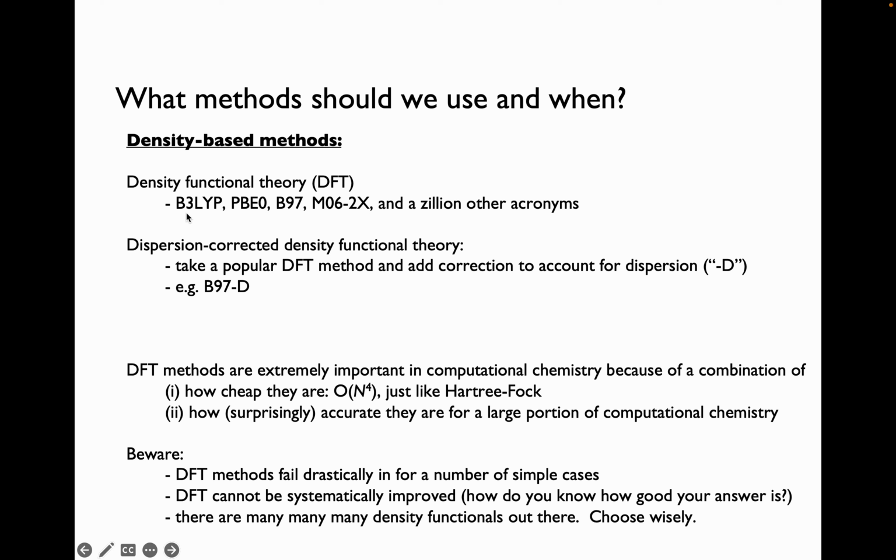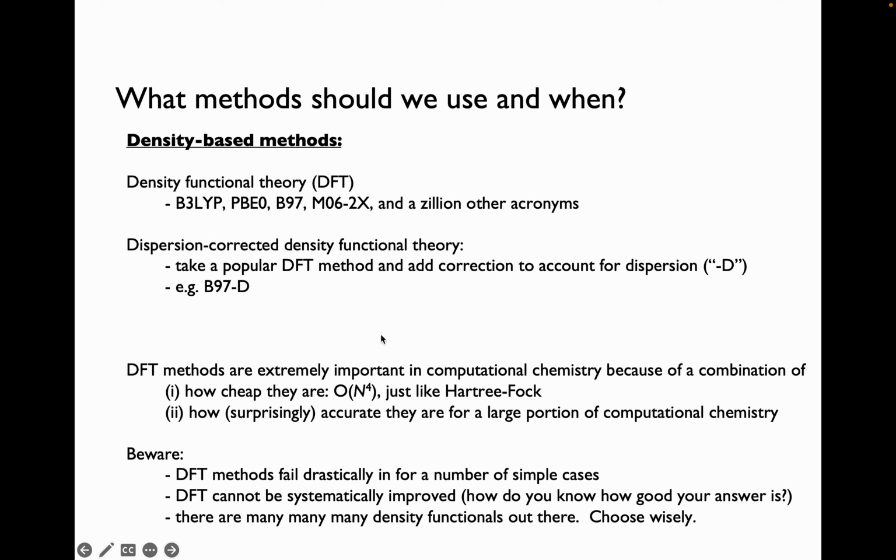These acronyms like B3LYP, PBE0, B97, M06-2X, etc. are all names of functionals, which are approximate mappings from the density to the energy. And none of them are exact. They are all approximate. No one knows the exact mapping.